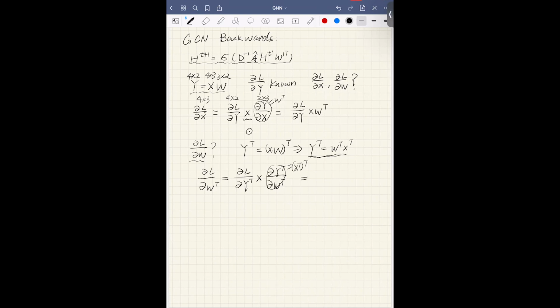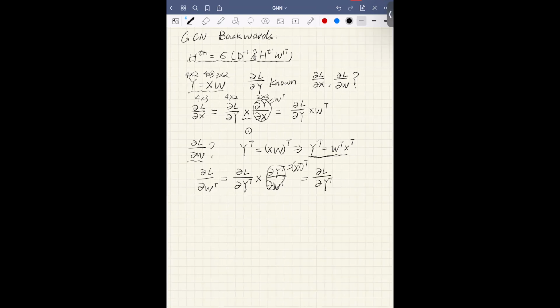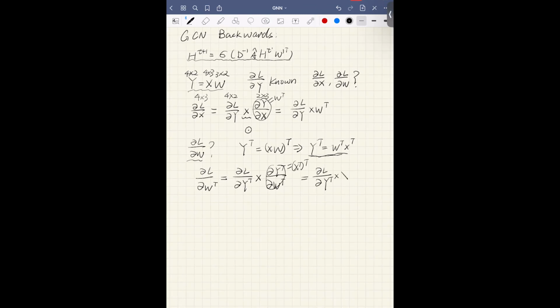So the result will be d loss dy transpose multiplied by x.